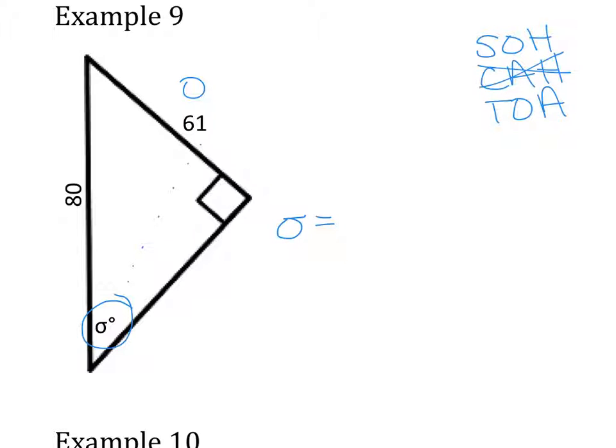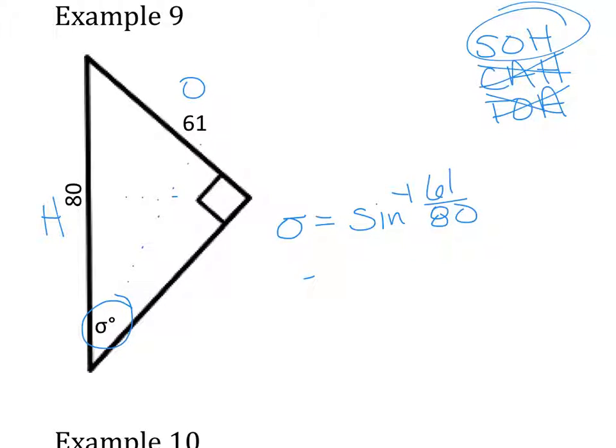So CAH is out because there's no O. And then I have one across from the 90, so that's hypotenuse. So TOA is out because there's no H there. So this time I'm using sine. So it's inverse sine of opposite, 61, divided by hypotenuse, 80. And that will give me an angle measure of 37.3 degrees.